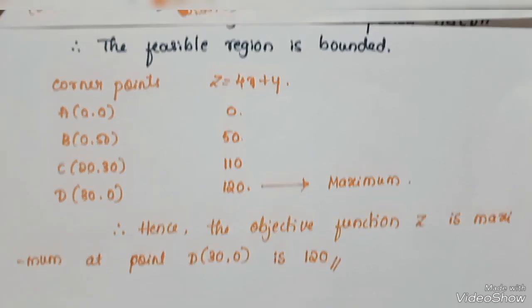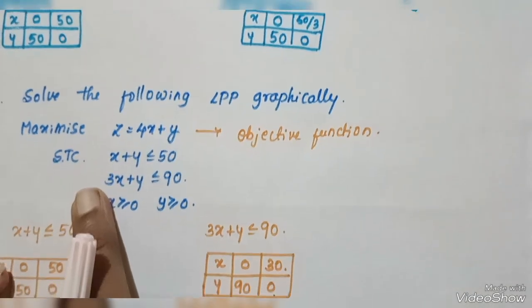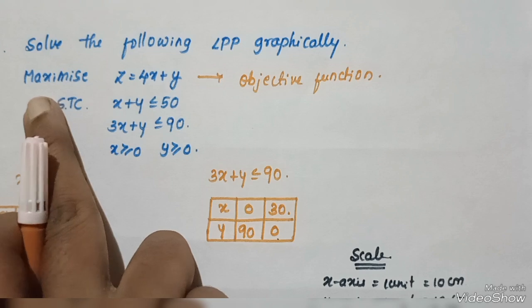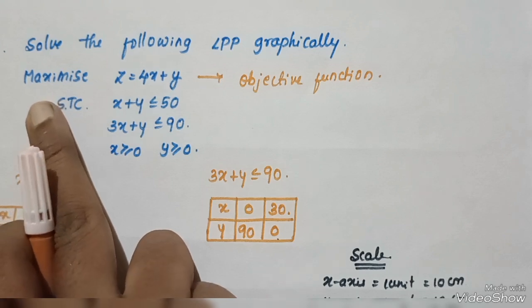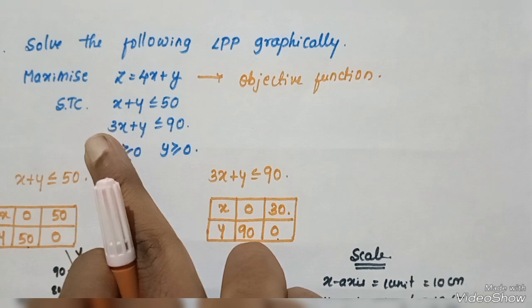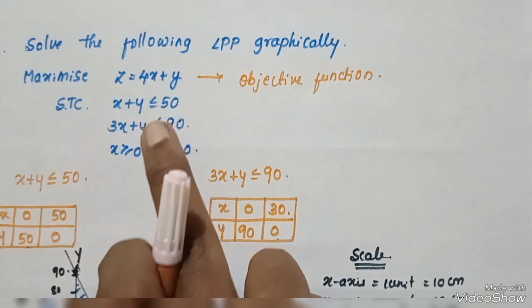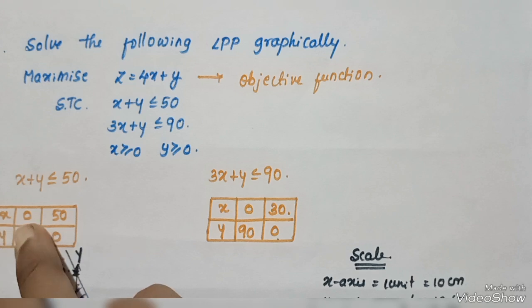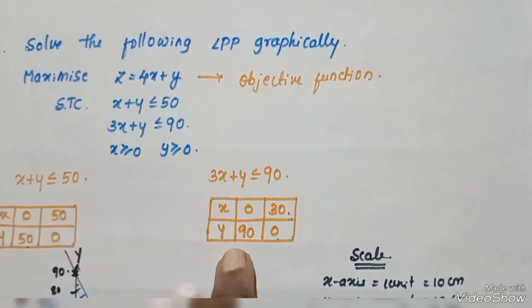Once again, we have to check the problem. First, solve the following LPP graphically. Check first, keep the constant objective function. For the subject to the constraints equations, we have to draw a graph, solving the points by taking x is equal to 0 and y is equal to 0 for each equation.